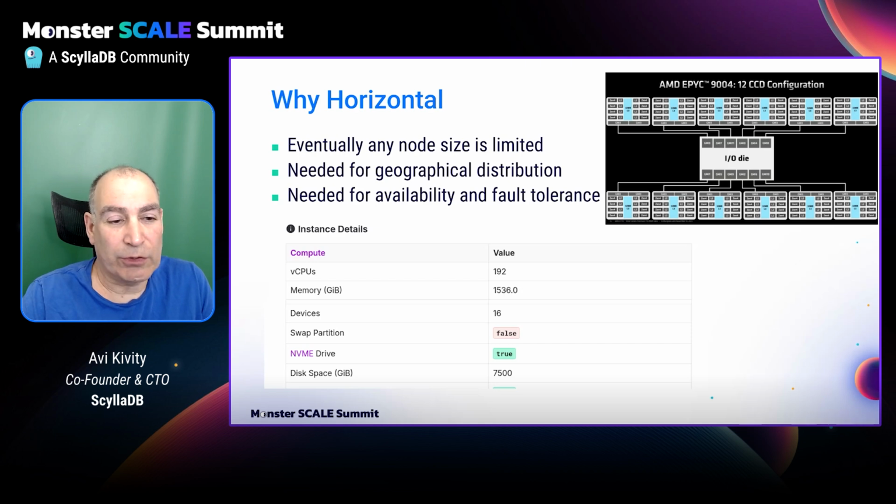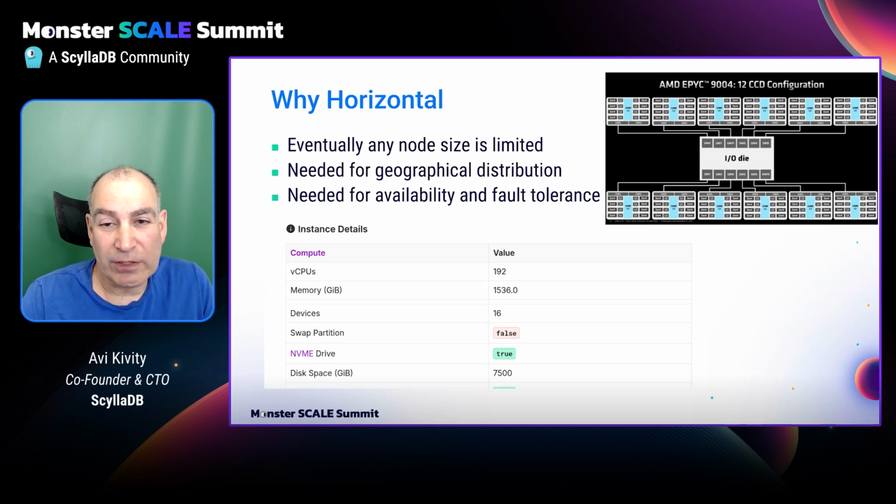So you do need horizontal scalability, but it's good to look at the size of today's nodes. So below is the largest storage node from Amazon. You can see it has 192 vCPUs and 1.5 terabytes of memory. And if you multiply the number of devices, 16, by the size of each individual device, you reach a whopping 120 terabytes. So that's quite a huge node.